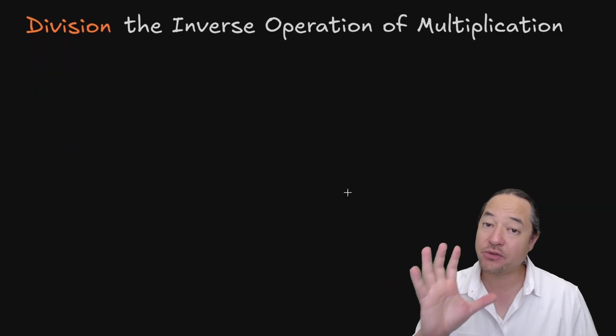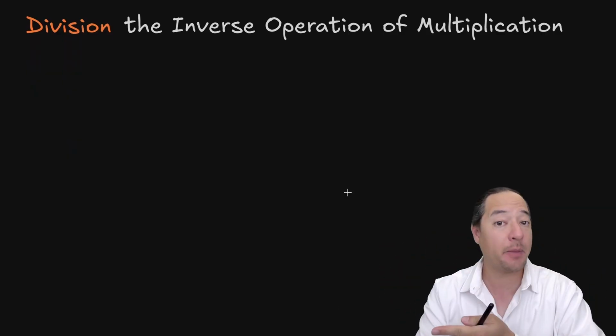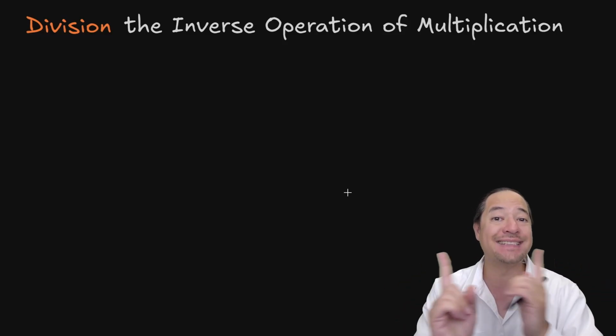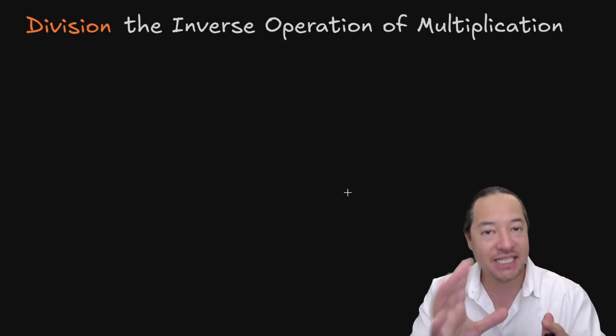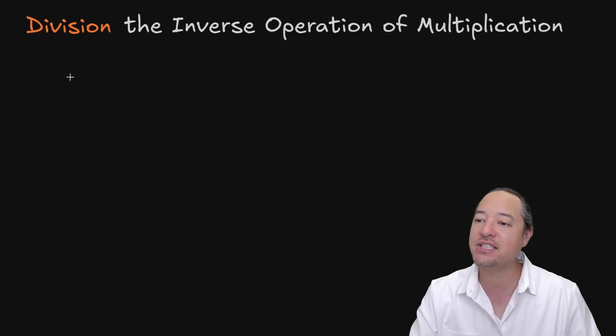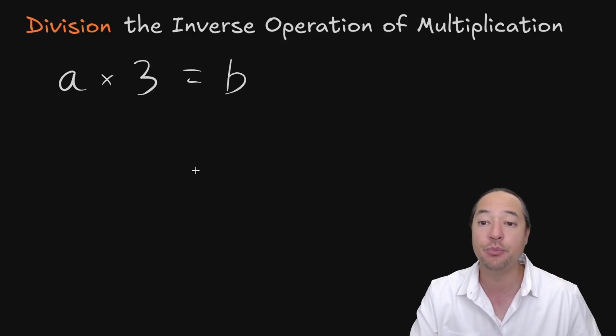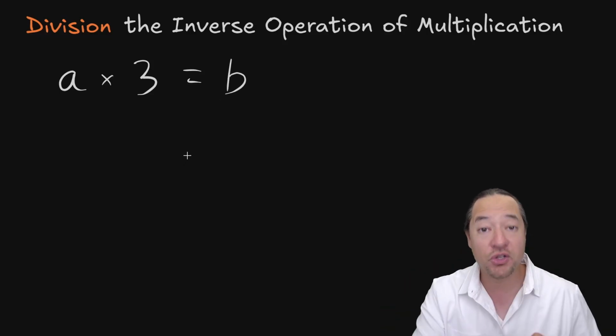We want to think about division as the inverse operation of multiplication, just like we saw subtraction as the inverse operation of addition. What does this mean? Well, let's say we start with some number a, and we multiply it by 3 to get b. So that's multiplication.